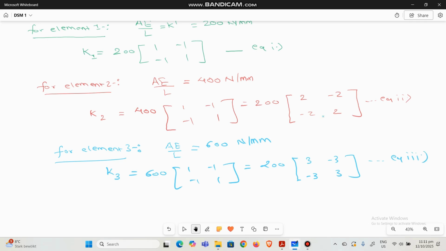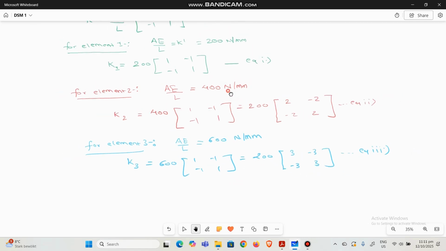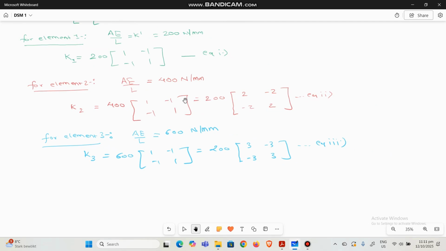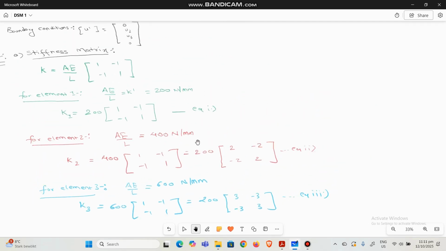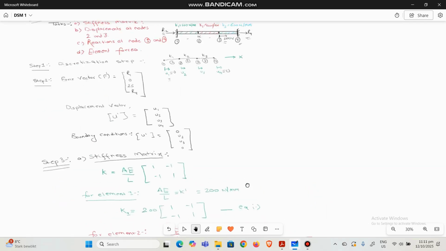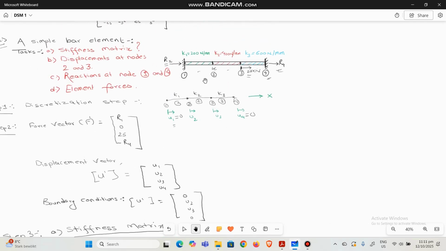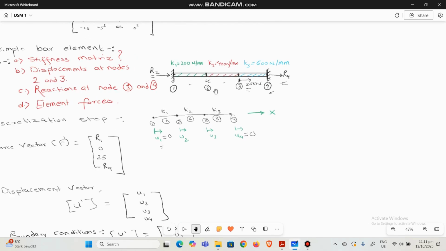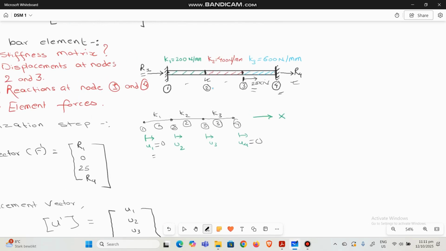Okay, now we just need to assemble this. I will just zoom out a little bit. If you see in this figure, there are some common displacements.